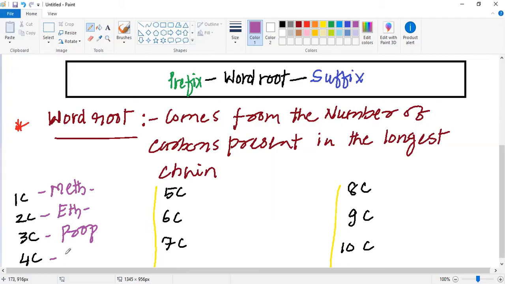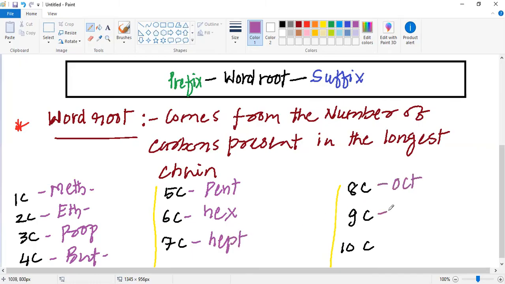For 4 carbon, we'll write but. 5 carbon, the word root is pent. 6 carbon, it is hex. 7 carbon, it is hept. 8 carbon, it is oct. 9 carbon, it is non. 10 carbon, it is dec.